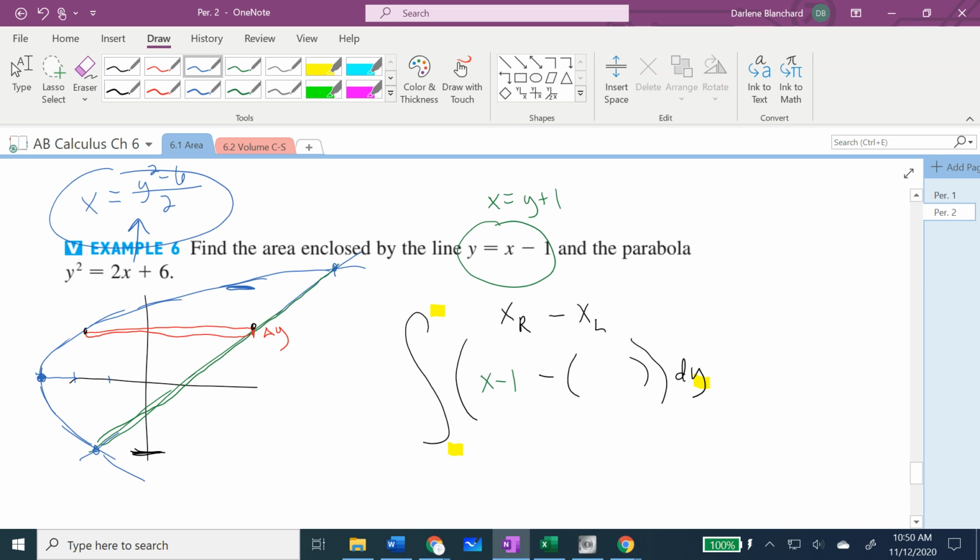I just showed you how easy it is to screw up. I set it up and everything and still wrote the wrong thing. It is very easy to do. I avoid the mistake if I force myself to say the x. I need to take the right x, what is x equal to on the right, and what is x equal to on the left.